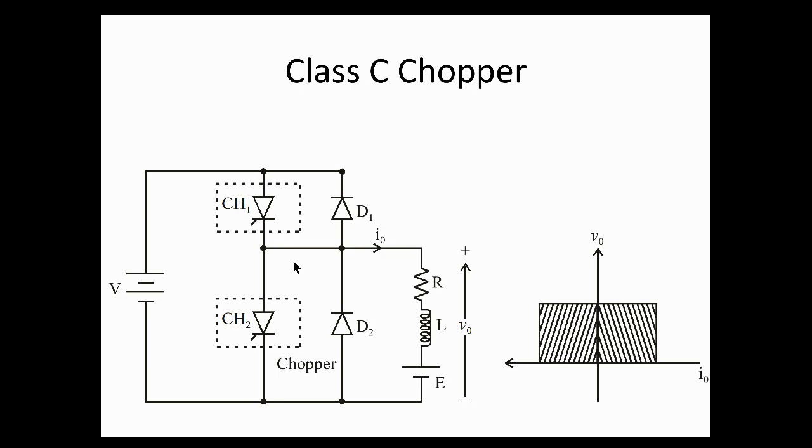So basically the average output voltage is positive, and the average output current, as you can see here, can take on both negative and positive values.